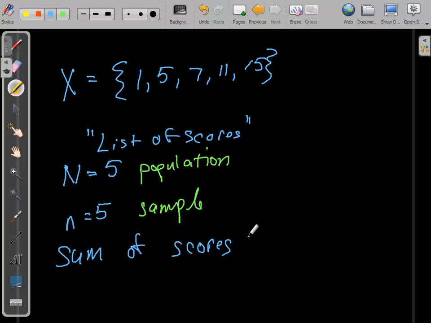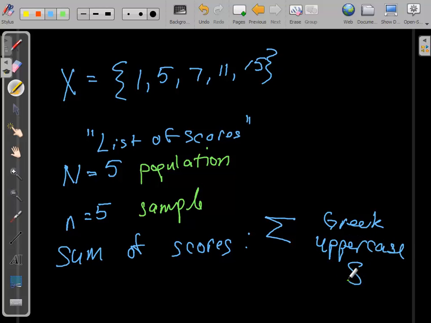And we're going to denote the sum with the Greek capital letter sigma, a Greek uppercase S. So this symbol is going to represent add up everything in X. And so if I wanted to represent adding up all of these digits, I could write the summation of capital X. Now within context you would see this and know that X corresponds to this list, in which case the sum of X corresponds to 1 plus 5 plus 7 plus 11 plus 15. So if you added all of those up, that means the sum of X.